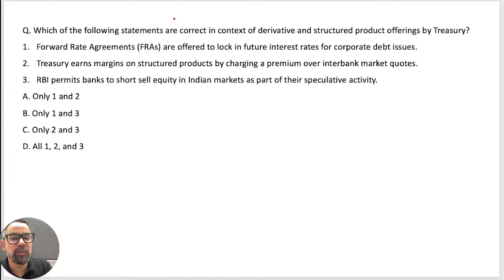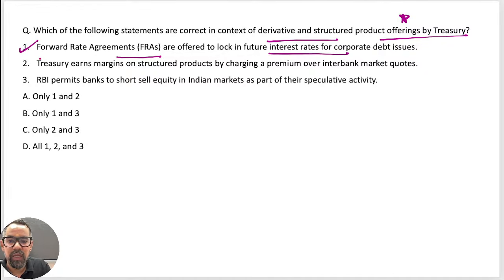Next one: which of the following statements are correct in the context of derivative and structured product offerings by the treasury itself? Forward rate agreements are offered to lock in future interest rates for corporate debt issued.